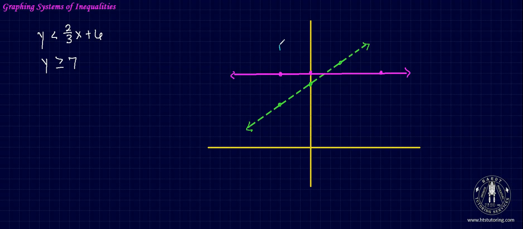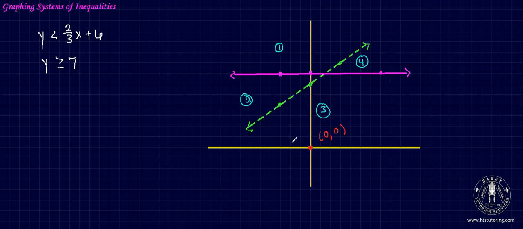We'll say region 1, 2, 3, and 4. We have all these different regions that we could possibly shade, and we're going to pick a test point in each one of these regions. Let's start in region 3. My favorite test point, 0, 0, is an option in region 3, which I really appreciate. 0, 0 is the easiest one to plug in.